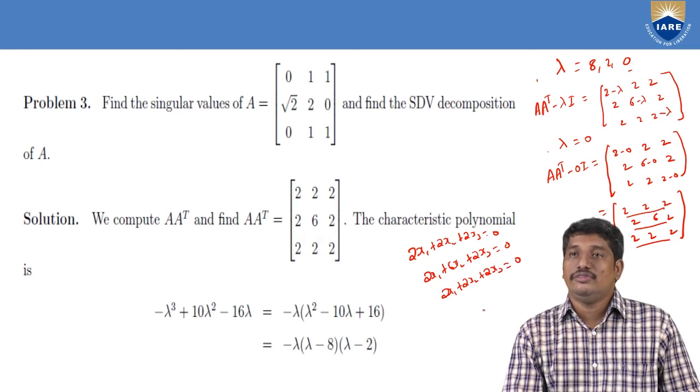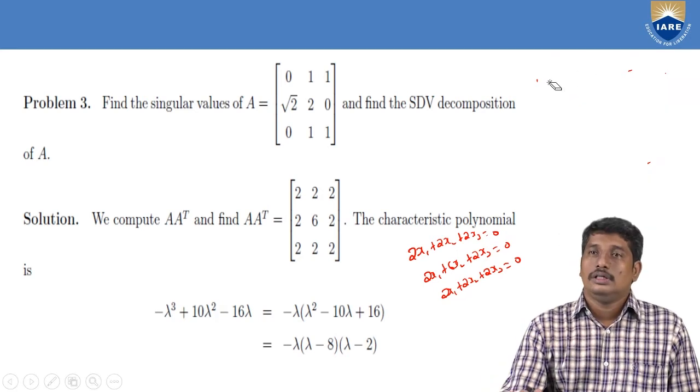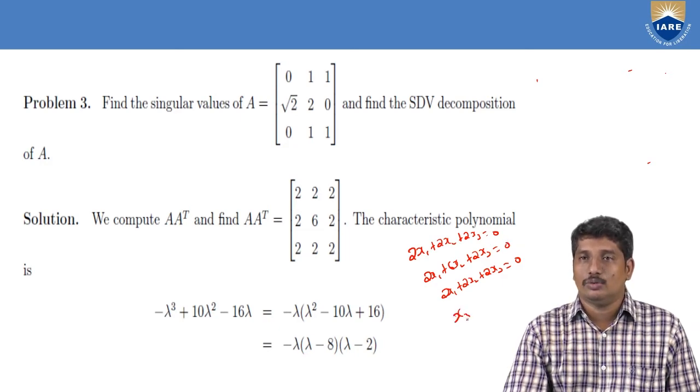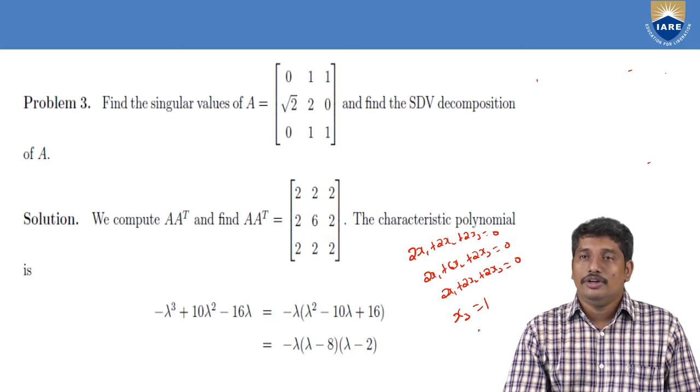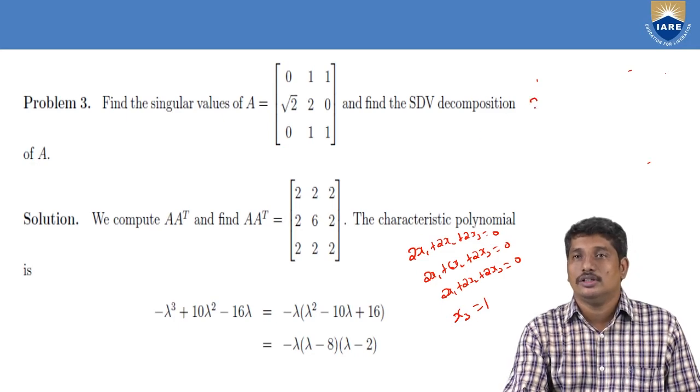So these are the three equations which we have obtained. Now, from these three equations, by default we choose x3 as 1. Then these three equations become like this.